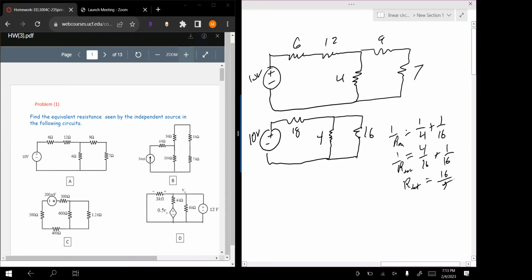Let me get a calculator for it. It's probably going to be like 3 point something. 3.2. Nice. So 3.2.